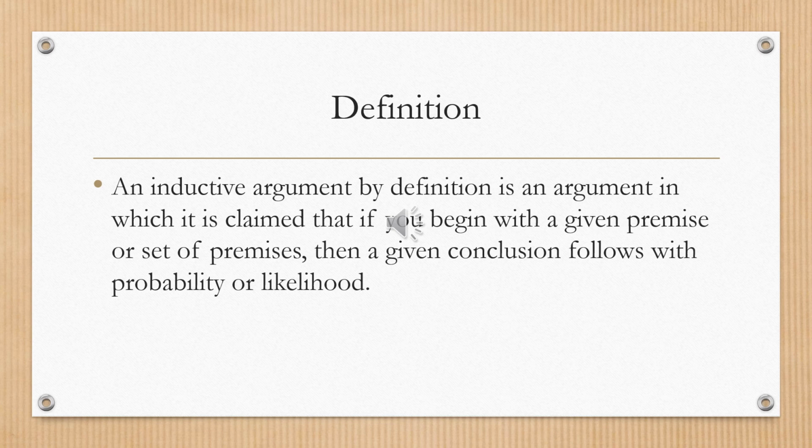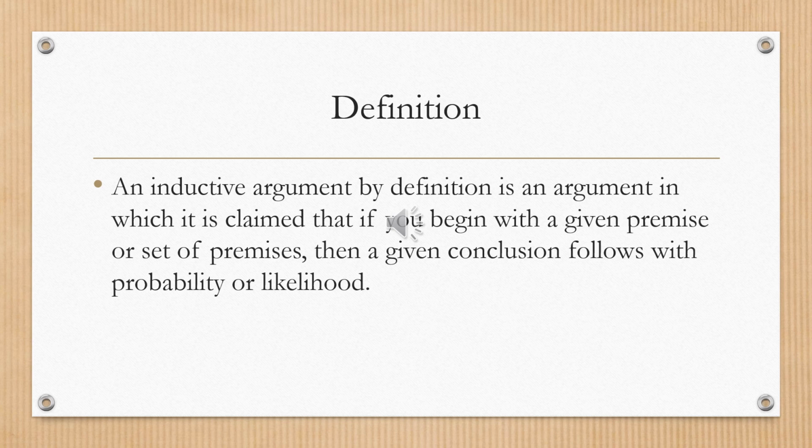So let's start with a quick recap to refresh our memories. Inductive reasoning, or an inductive argument, is an argument where someone claims that a given set of premises makes a given conclusion probable or likely. Probability is the key identifying feature of inductive reasoning.